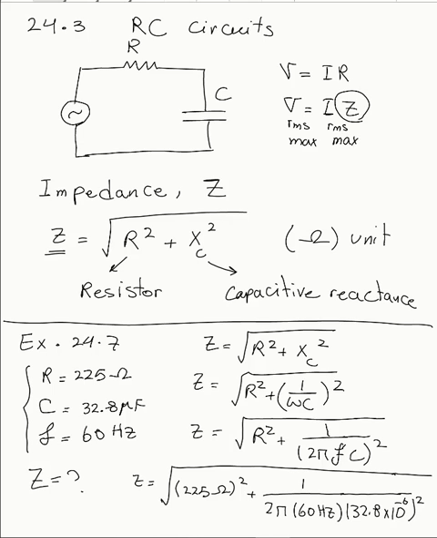Okay, so I'm plugging in the numbers, and just don't forget to convert the capacitance from microfarad to farad, which is the SI unit for it, and then if I can calculate them correctly, then the impedance will be 239 ohms.